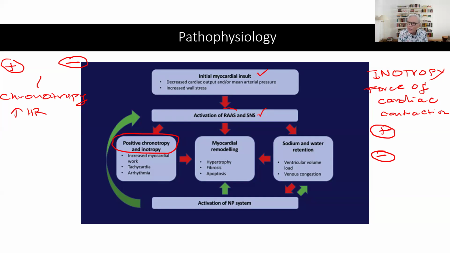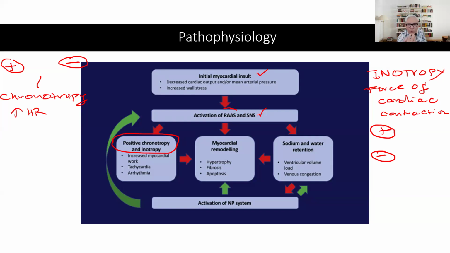Okay, give me a negative inotropic agent. What is a negative inotropic agent? It decreases the force of cardiac contraction. A beta blocker, a calcium channel blocker, decreases the force of cardiac contraction. Very good.